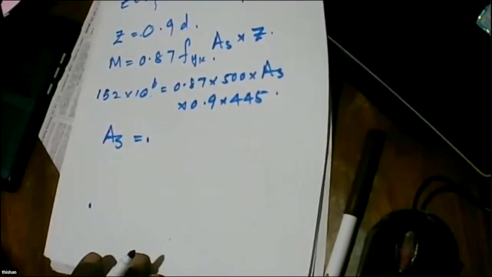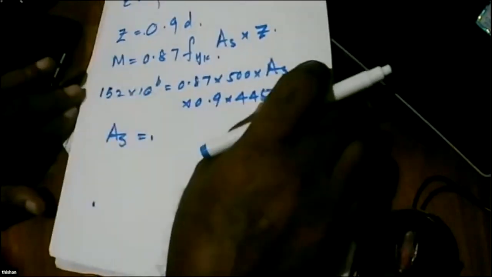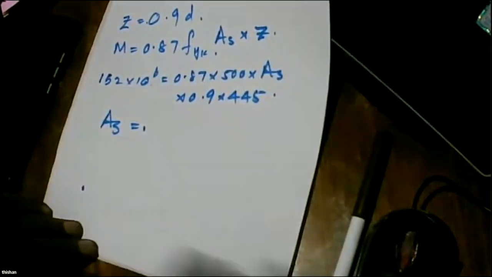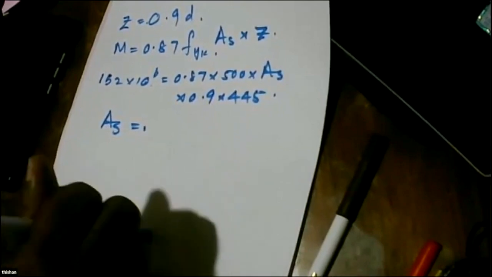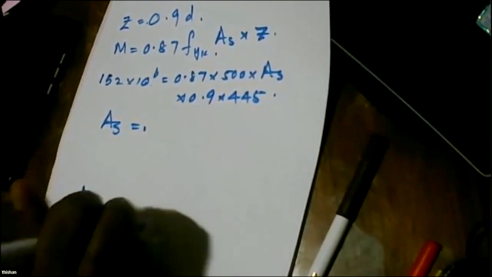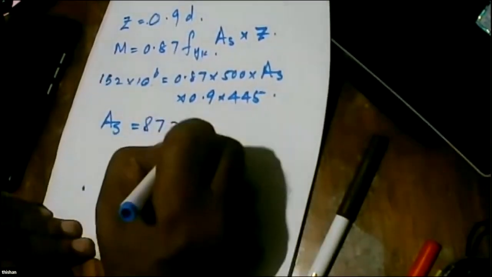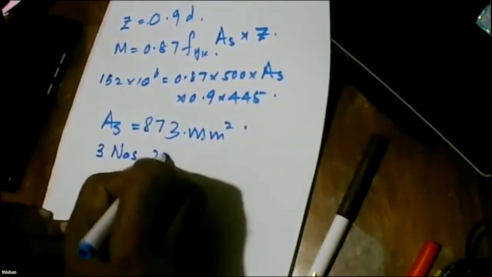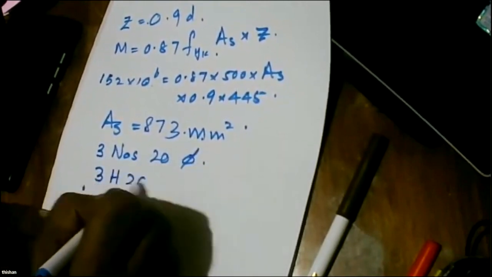What is the answer, Bandhu? 872.73 millimeters squared. So you provide three bars of 20 diameter.